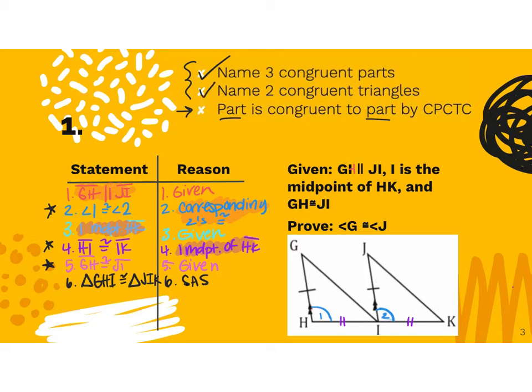Now, because we've proved that these are congruent triangles, I can go back and see what I was trying to prove. Angle G congruent to angle J. Those correspond, and I in fact can say angle G is congruent to angle J, and that is because corresponding parts of congruent triangles are congruent. You could write it like that, you could write it out in words, or you could say if triangles are congruent, then parts are congruent. Any of those ways work.